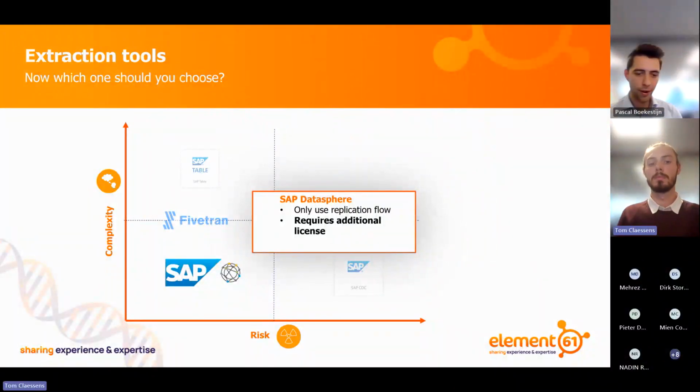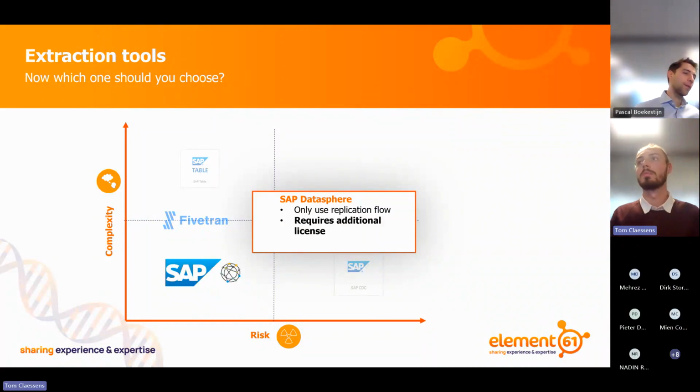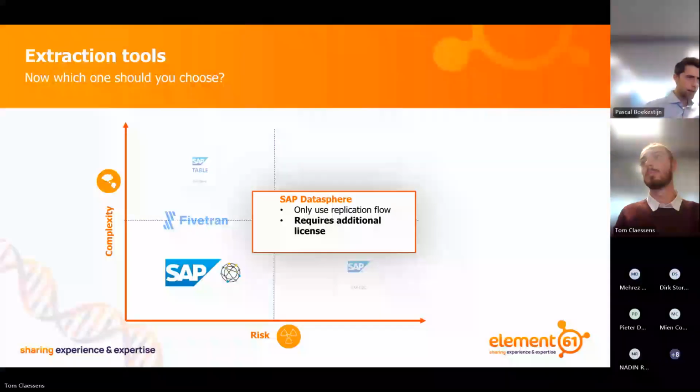In SAP DataSphere, you can use your CDS views, you can use your tables, you can use a lot of the SAP sources which are in there, of course. And then if you use a replication flow, you can offload the data into your data lake. The replication flow, if you select that you will not store the data in your DataSphere, you can actually have a very interesting license, but it does require an additional license in this setup.